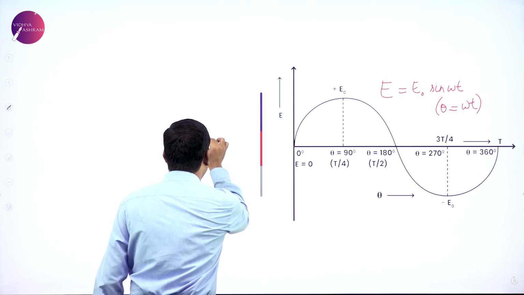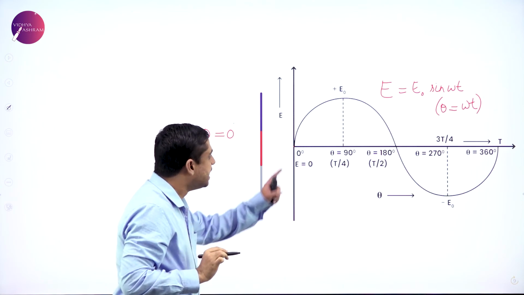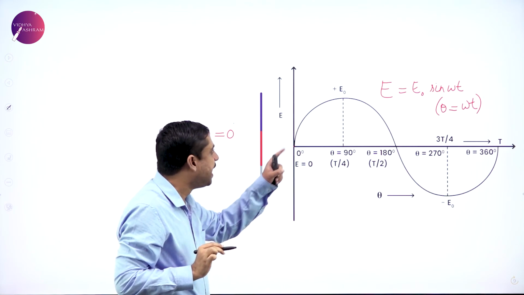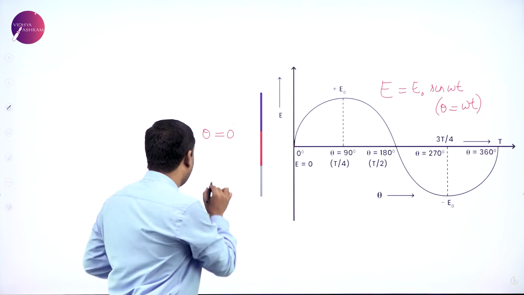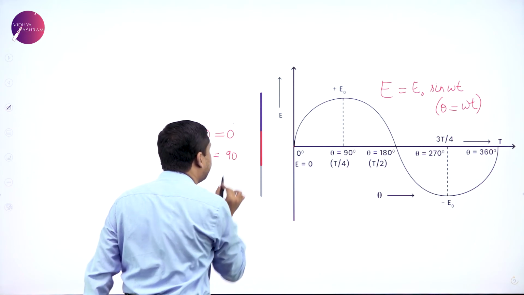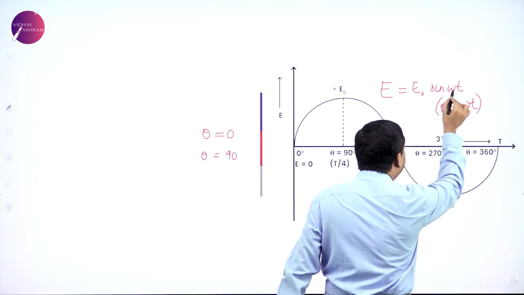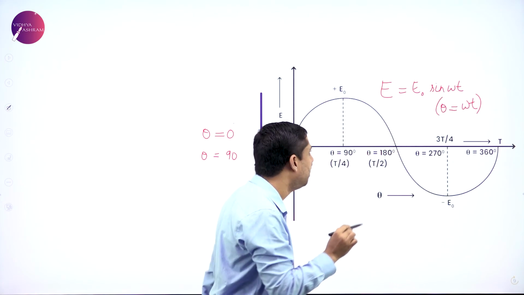First I have marked the angle. Theta is 0 degrees. Sin 0 is 0. So EMF is 0. What about theta being equal to 90 degrees? Sin 90 is 1.